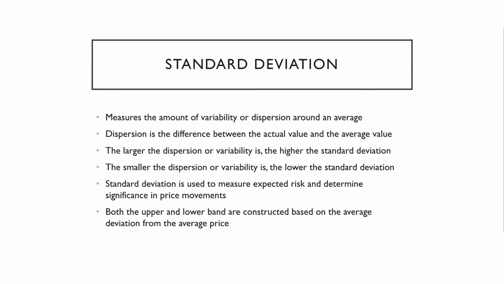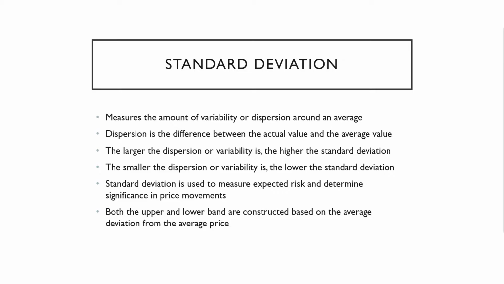Now, the larger the dispersion or variability is, the higher the standard deviation. Over the course of the 20 days, or whatever simple moving average you choose to use, the larger that dispersion is from the moving average, the higher the standard deviation will be, which means your bands will be a little bit wider to show you the variability in the price action itself.